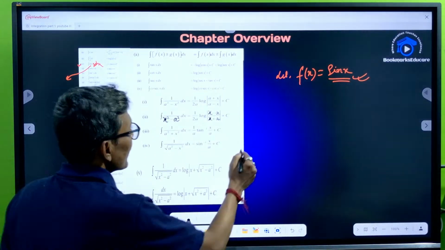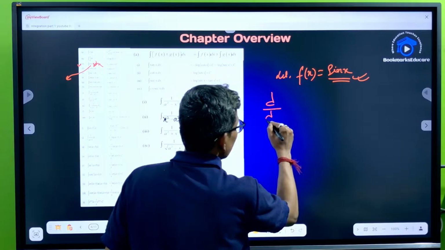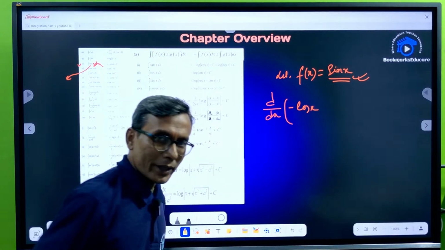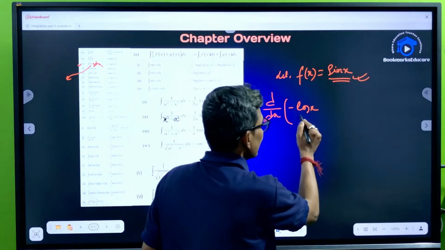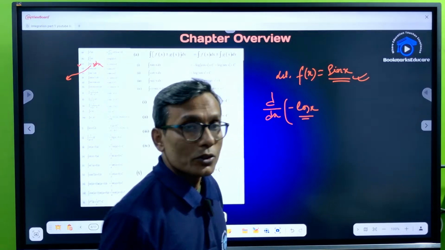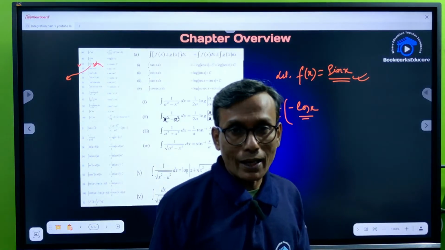So we can say d/dx of minus cos x: d/dx of cos x is minus sin x, and with the minus in front, minus minus will be plus.